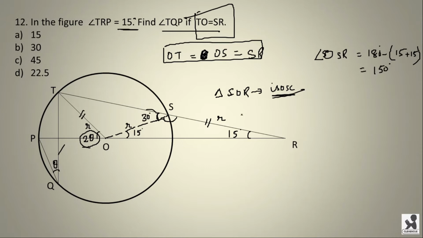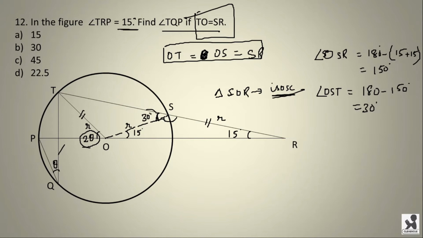And now angle OST is equal to 180 minus 150. This is so simple, which is equal to 30 degrees. So the external angle will always be equal to the sum of the opposite angles.